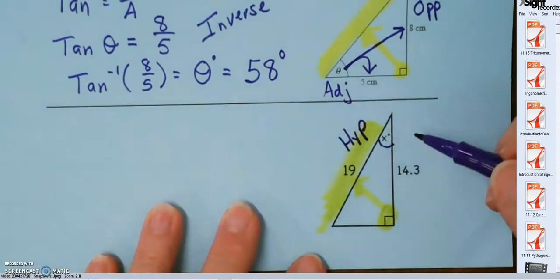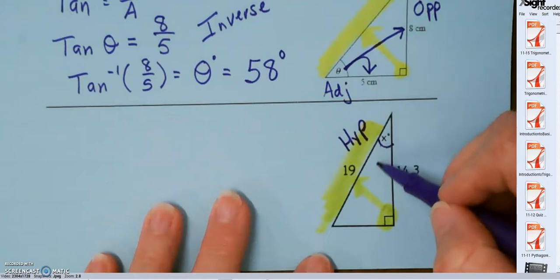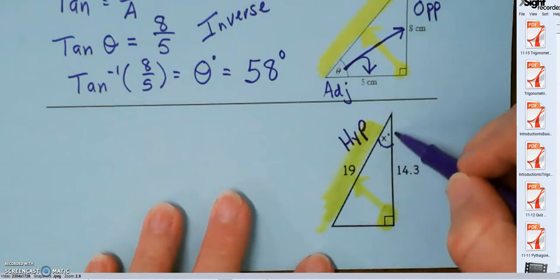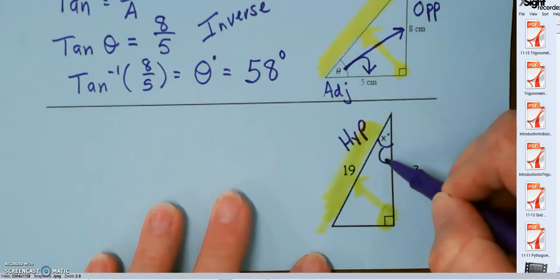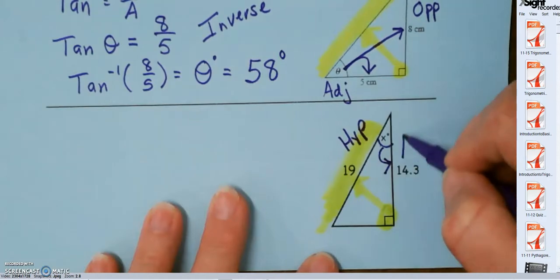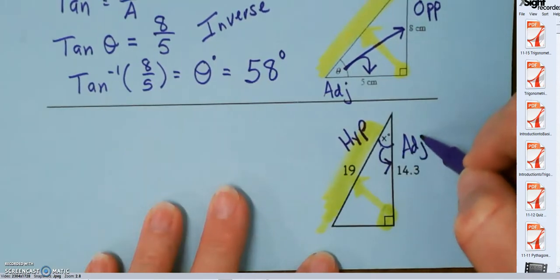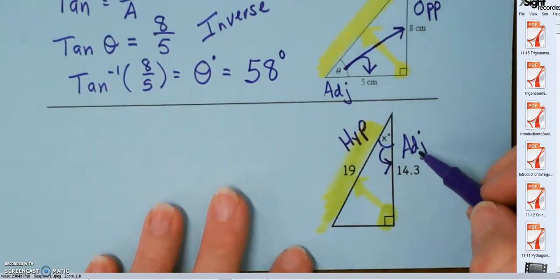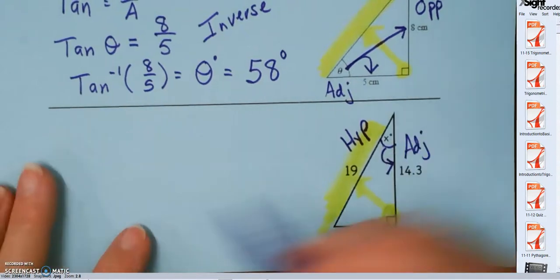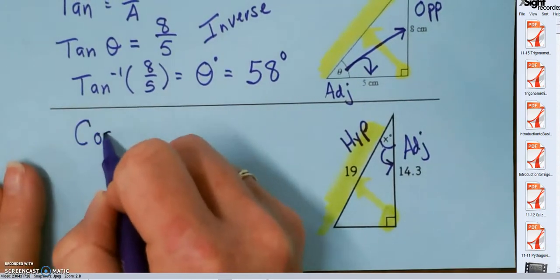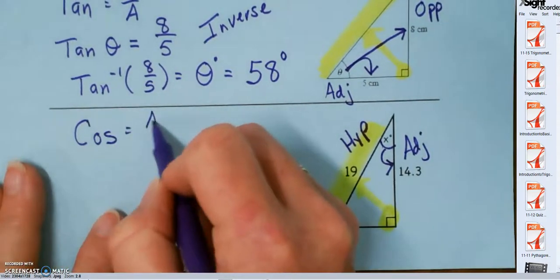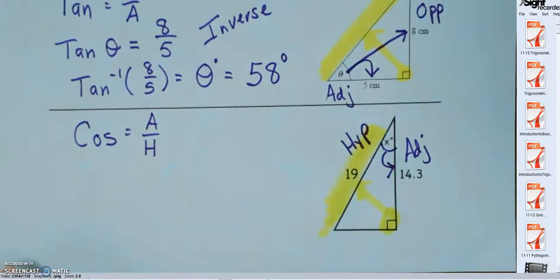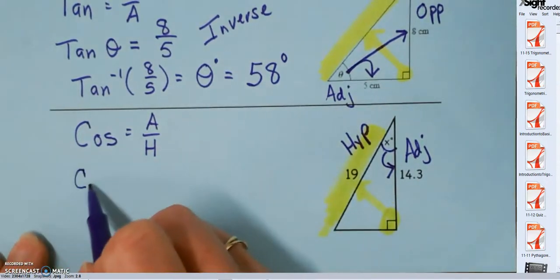The reference angle that we're looking for, x, I'm not going through the middle to the opposite side. I'm quickly turning to the side that I'm touching with that angle to get the adjacent side. So adjacent hypotenuse, that's going to be the cosine. I'm filling in what I know.